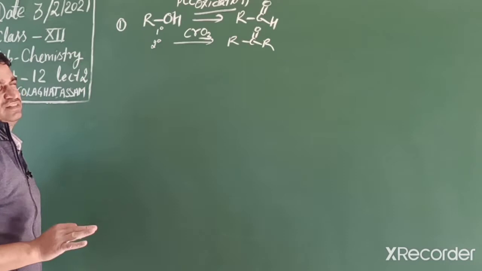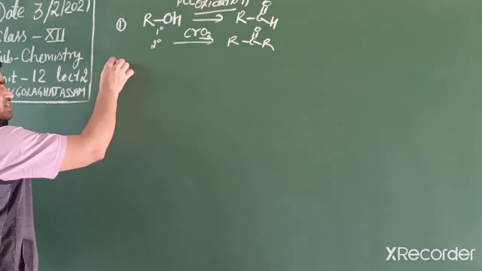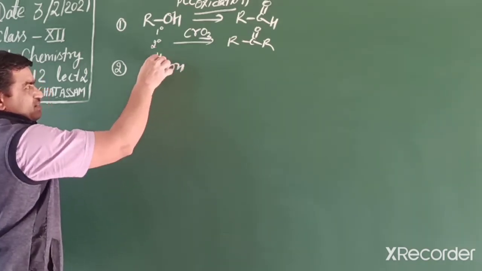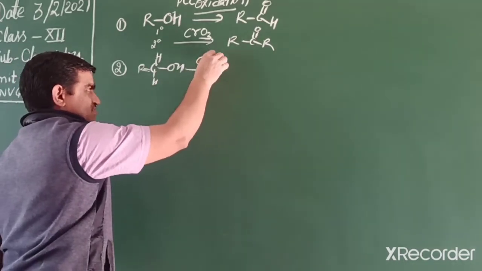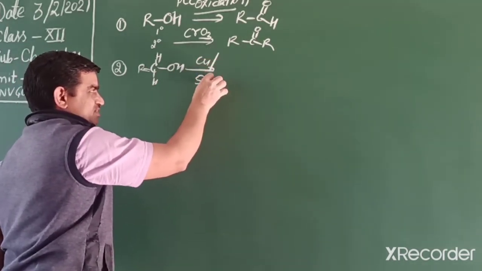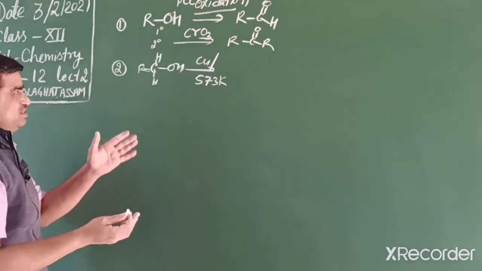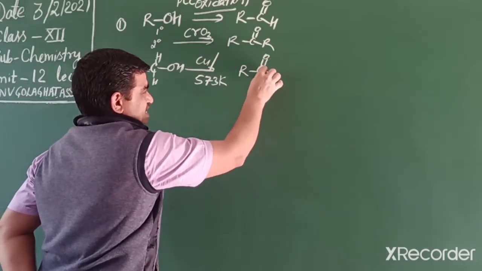Already discussed this reagent. For another reaction, if alcohol is primary, then using copper and 573 Kelvin temperature, this reaction is known as dehydrogenation, hydrogen is removed, so it is converted into aldehyde.